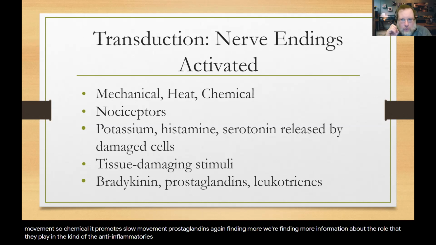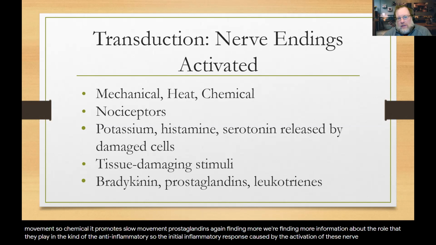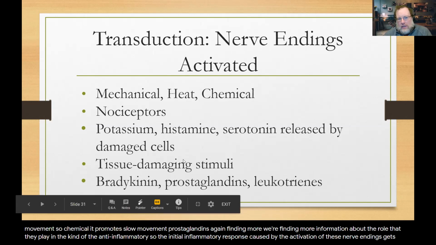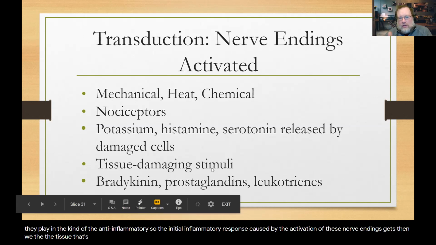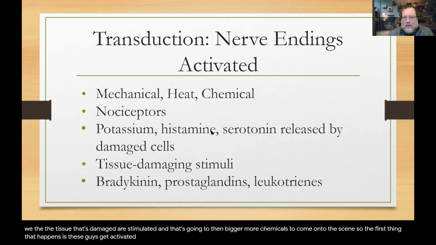So the initial inflammatory response caused by the activation of these nerve endings, the tissue that's damaged is stimulated, and that's going to then trigger more chemicals to come onto the scene. So the first thing that happens is these guys get activated: potassium leaking out, histamine leaking out, serotonin being released. All of this is going to happen first.